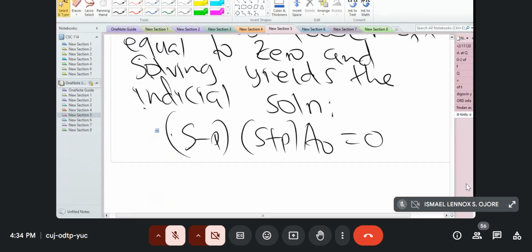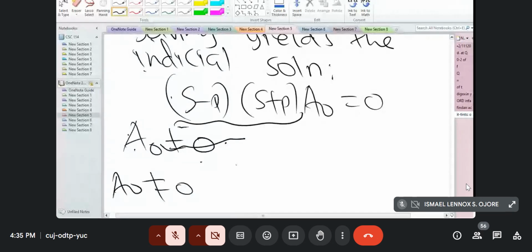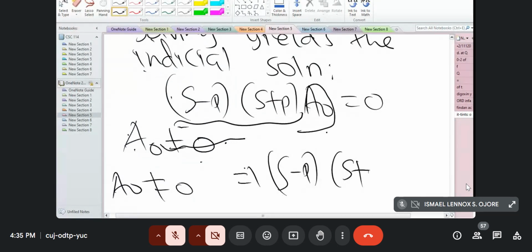But remember how we defined our Bessel's differential equation after assuming a solution of the form summation from k is 0 to infinity a sub k x to the k plus s. We had let our a naught be different from 0. If a naught is different from 0 and this product is equal to 0, then by all means s minus p times s plus p must be equal to 0.